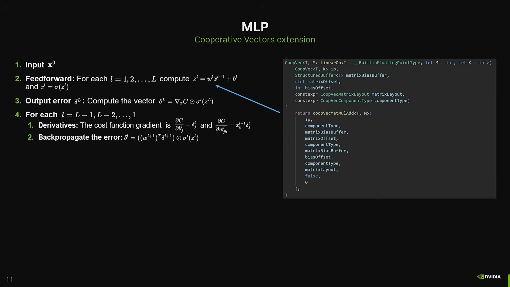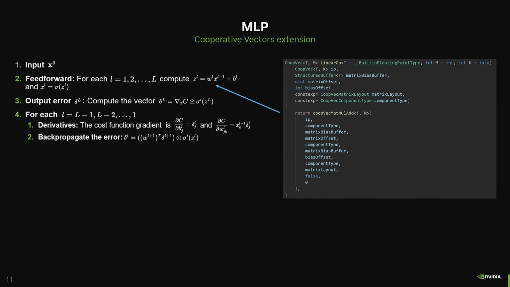Now we connect this equation with the actual code. And here we use the Cooperative Vector extension. Currently, those extensions are implemented as a Vulkan NVIDIA extension, vendor specific.